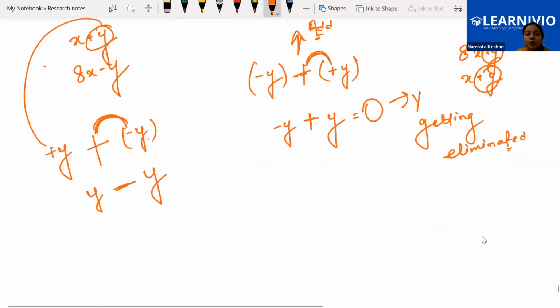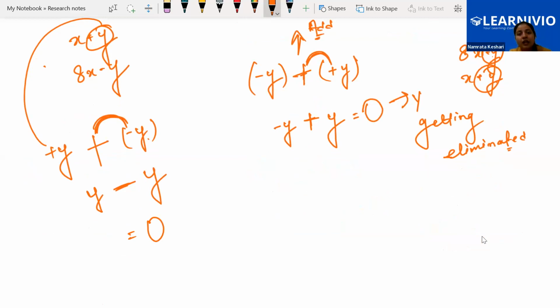The first one is positive y, so it is 0. Are you getting me? If you already have opposite signs, then you have to add them so that they make 0 and get eliminated. Getting it?